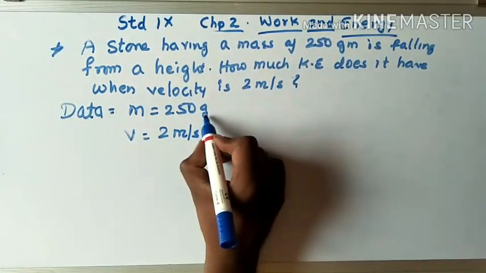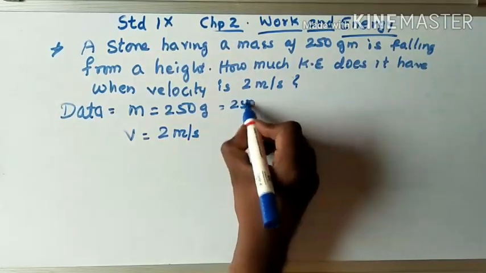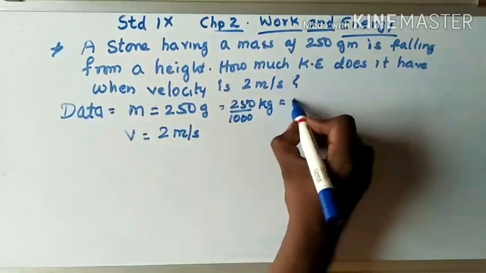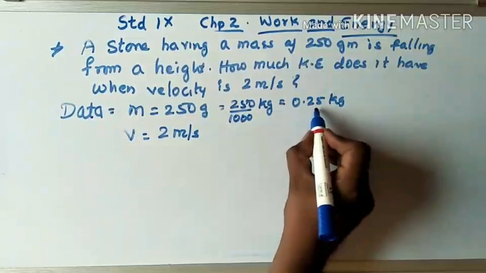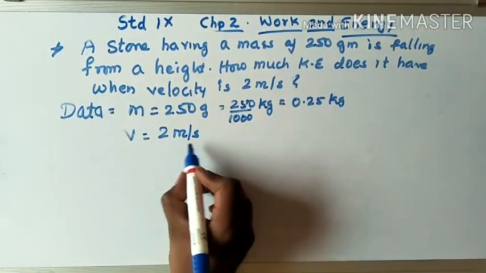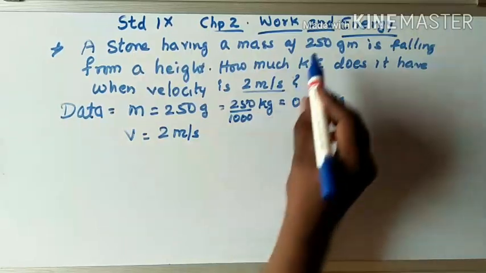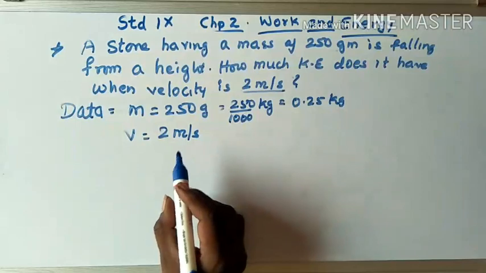Now this gram we want to convert into kg. So 250 upon 1000 kg, you get 0.25 kg. So mass is 0.25 kg, velocity is 2 meter per second. How you got this velocity? It's given here. How you got mass? It's given here. These are the data which we collect from the question.